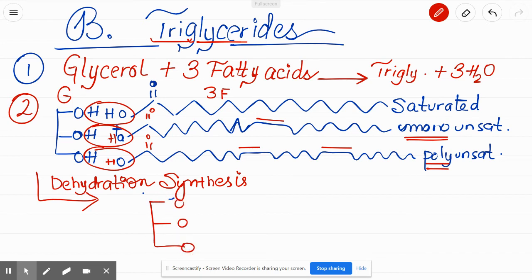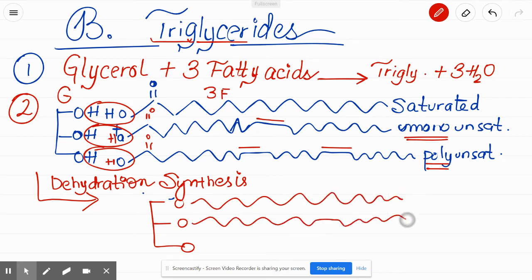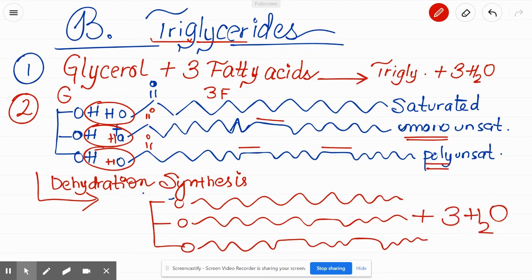Hence, we end up with plus 3 water molecules. So I hope it makes some sense to you over here as to how we ended up getting. And this is going to be our triglyceride that we got here.